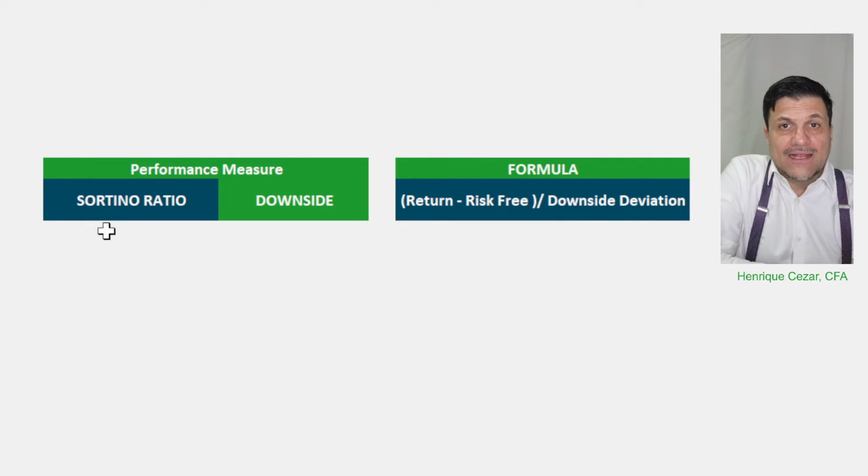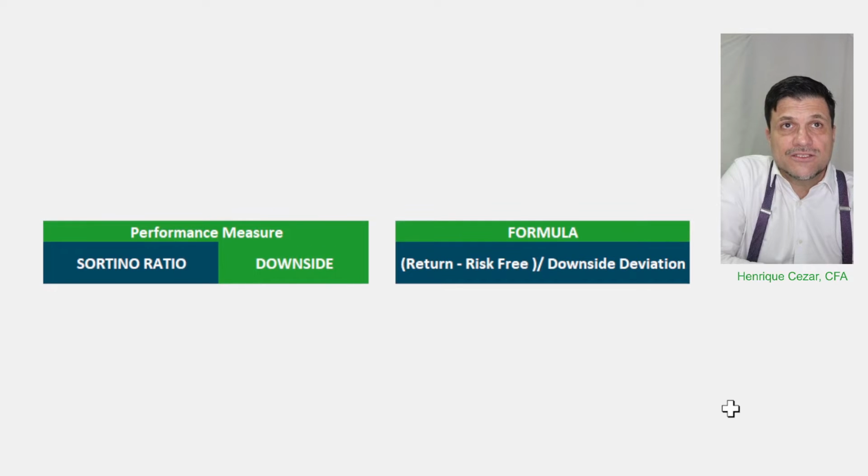All right. The last one on the same line, right? Which line? The excess return divided by some kind of risk. Unadjusted excess divided by risk is the Sortino ratio. The Sortino ratio is a performance measurement that only focuses on the downside deviation. What is the downside deviation?